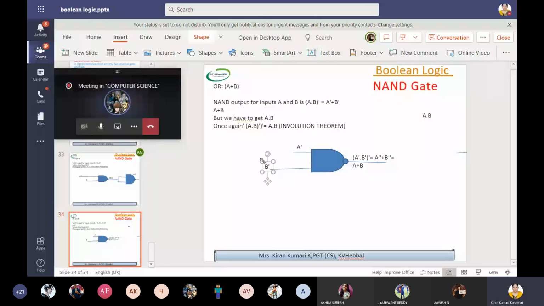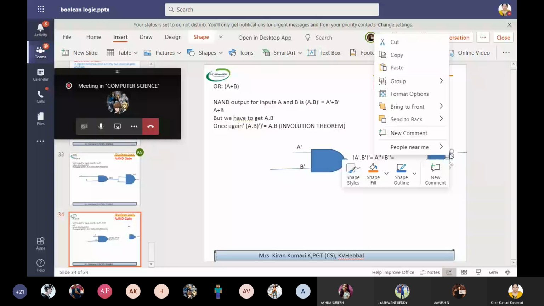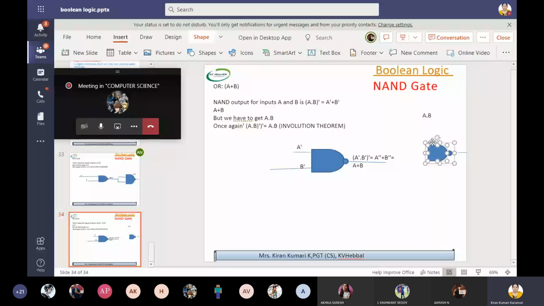So आप पहले NAND करके A dash find out करना है. See, अब A dash आ गया, वैसे B dash को भी पता कर दो.